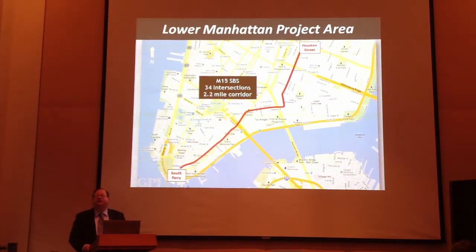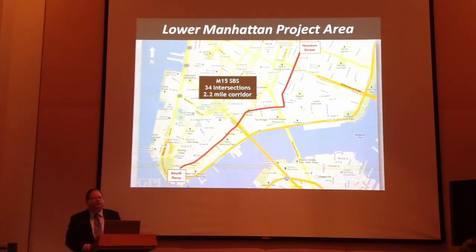This corridor actually runs through areas where the senior population is sufficiently large that the city has special rules for timing the traffic signals in that portion of the corridor. They allow extra time for pedestrians to cross. That's another factor to deal with. The number of trucks and taxis and so on. So if you can think of this mass of traffic and trying to make traffic improve and particularly help buses.